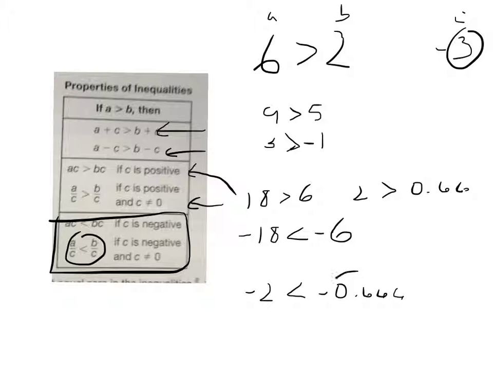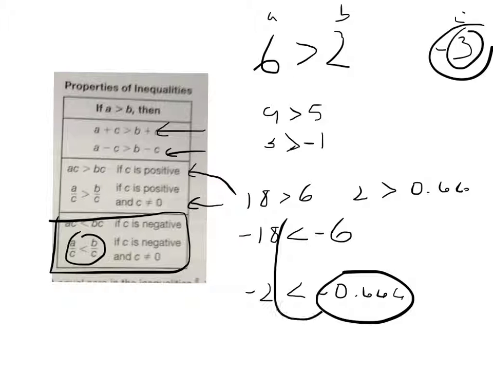So now this number is larger. So by changing the number that we're working with to a negative, these symbols got changed around. Before, over here, they were larger. Down here, they're smaller. So let's do some of these examples then.